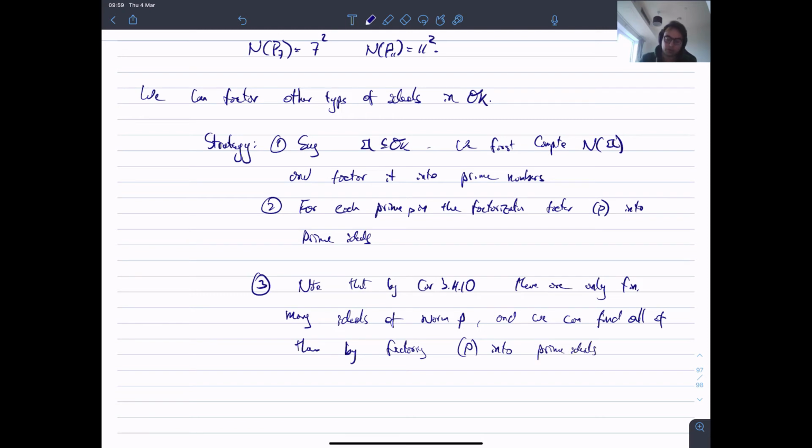If there is an ideal of norm p, then it'll show up in the factorization of the ideal p.